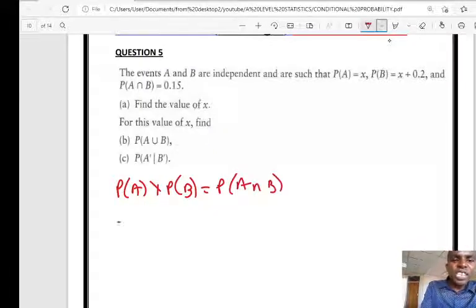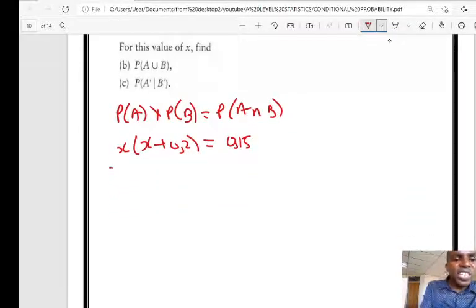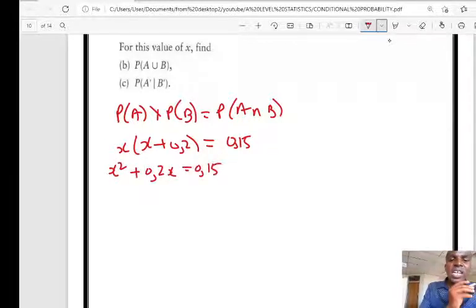So probability of A is X, times probability of B which is X plus 0.2, must be equal to the intersection, 0.15, like this. Then from this you can remove the bracket: X squared plus 0.2X is equal to 0.15. Then you can express as a quadratic equation and use the quadratic formula to solve this one.